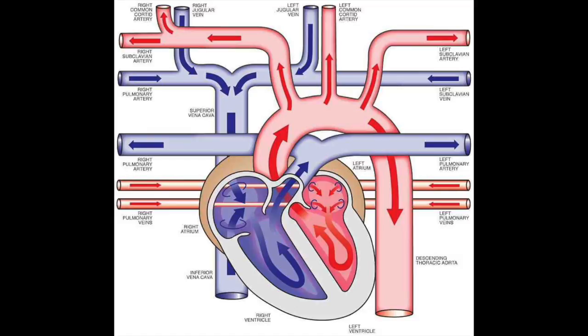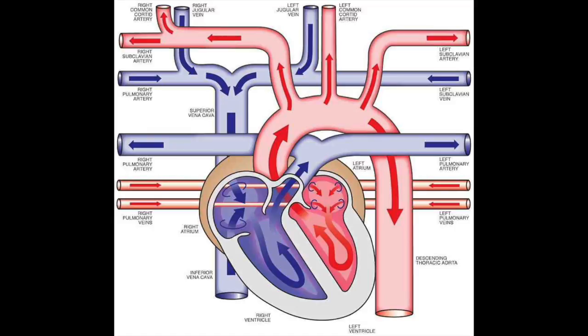And again, the pulmonary veins bring the blood back towards the heart. And the process starts all over again, delivering oxygen-rich blood to your body. So this starts over again inside of the right atrium. This happens over and over again.